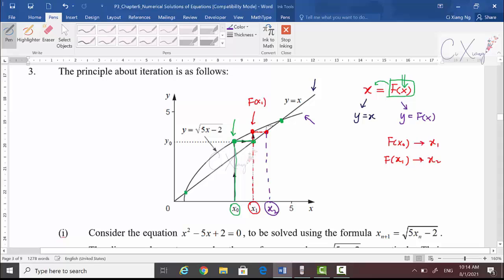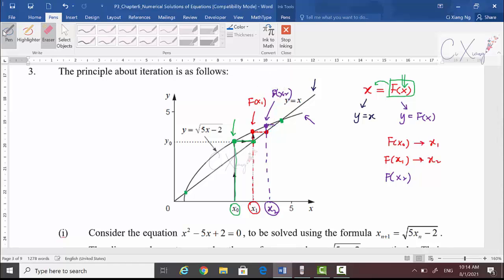Okay, then for the third one, you substitute x2 into the function again. So when you substitute into the function, this is what you get, f(x2), and you let it equals to the x. So now this new x here, I name it as x3.